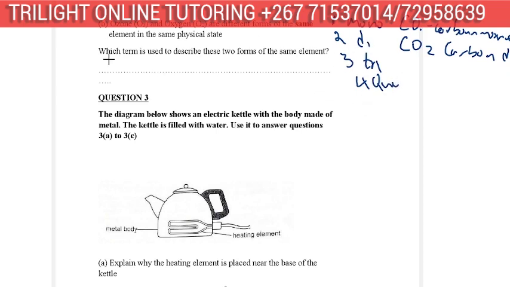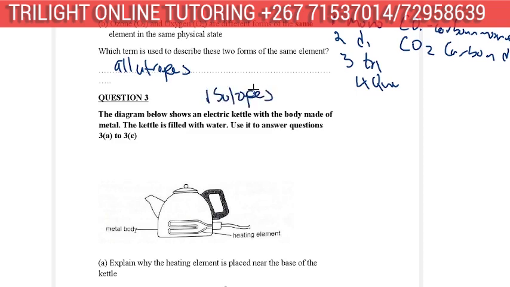But here they say which term is used to describe the two forms of the same element? We are talking about allotropes, allotropes of oxygen. Don't confuse this with isotopes.